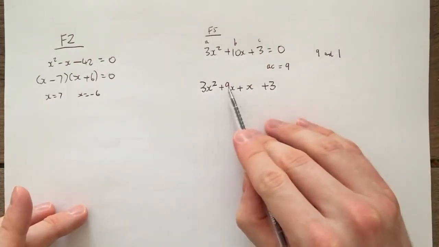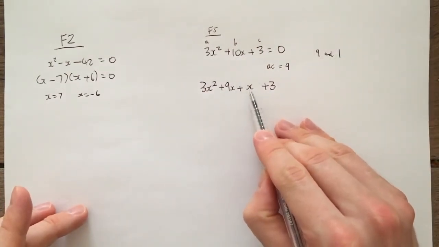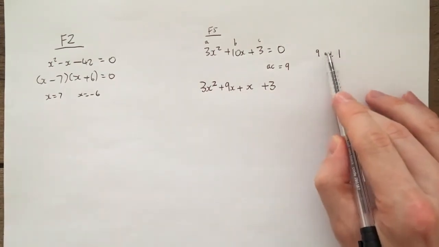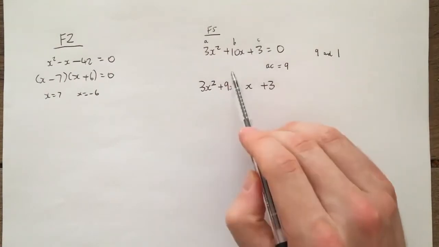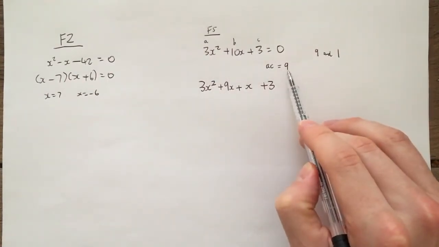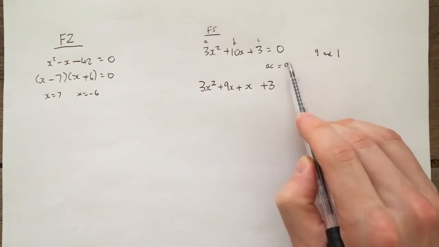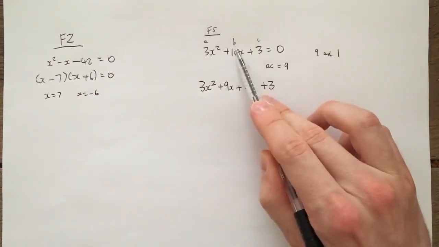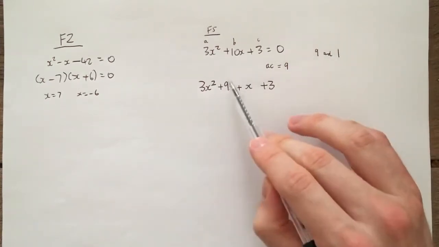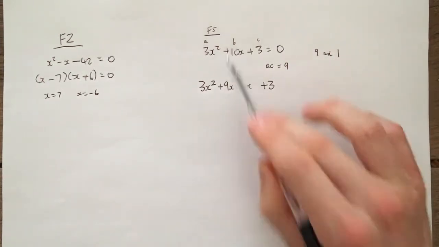And so my 9x and my 1x is what I got from here. So step 1, label A, B, C. Step 2, find AC. Step 3, find two numbers that multiply to get this answer and add to get this answer. Step 4, write those two numbers in place of B.